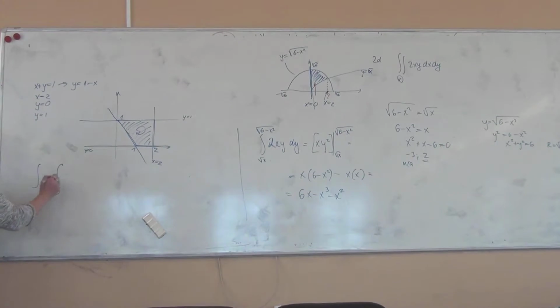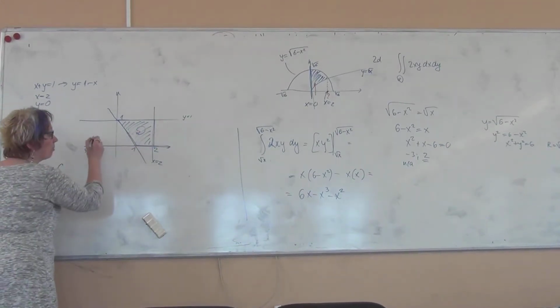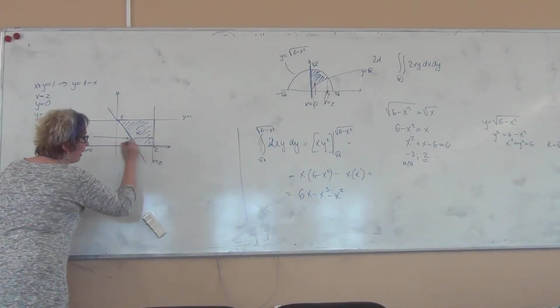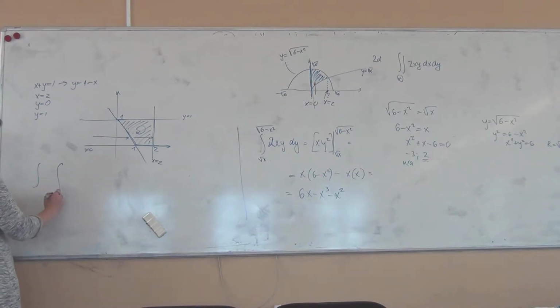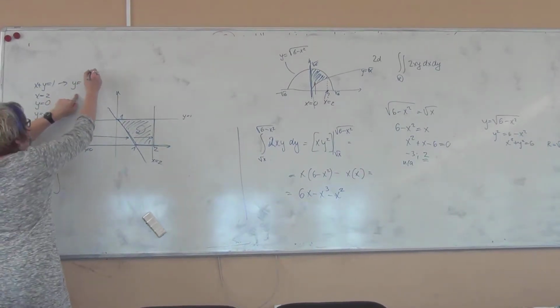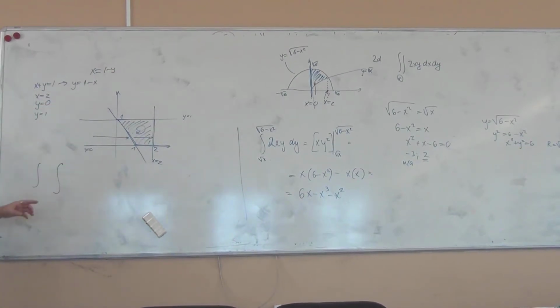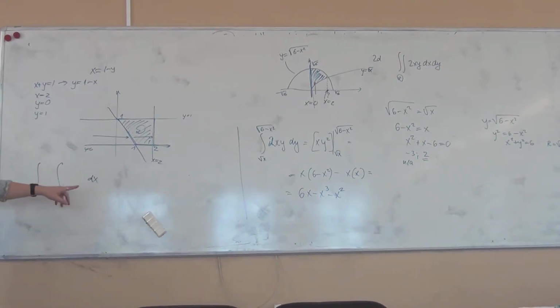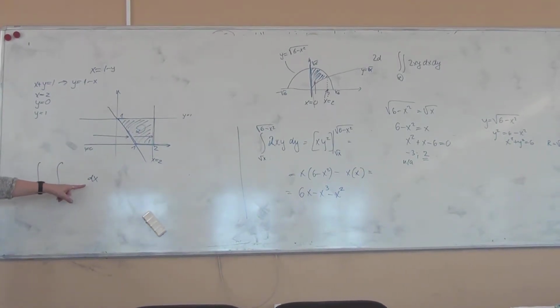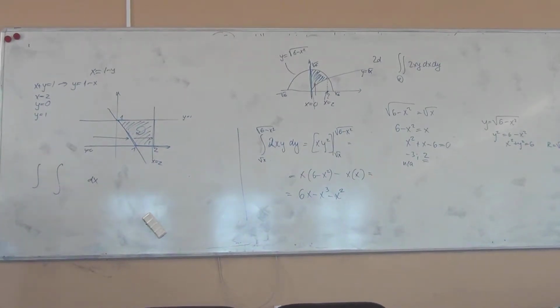So we would start integrating this time by x. That means we need to write x as 1 minus y, because if I integrate by x, I have to express the x variable by y.